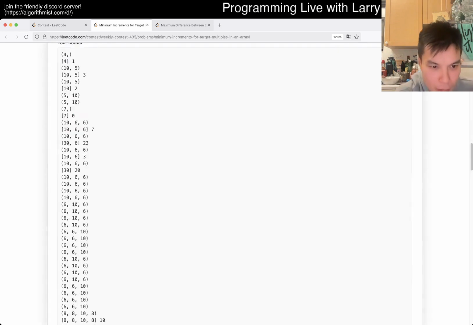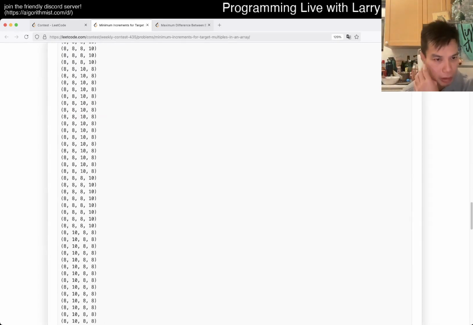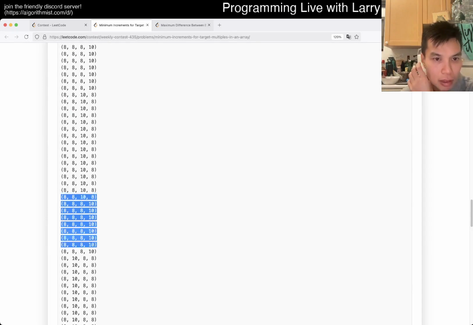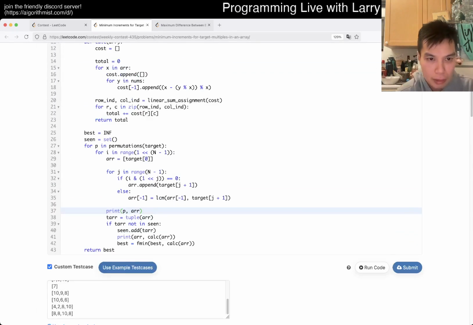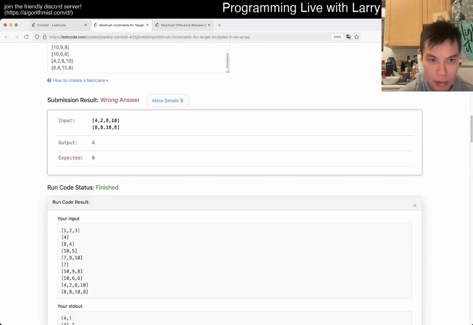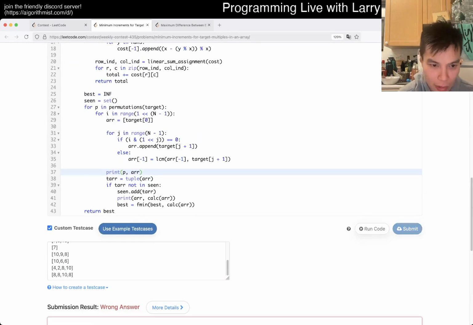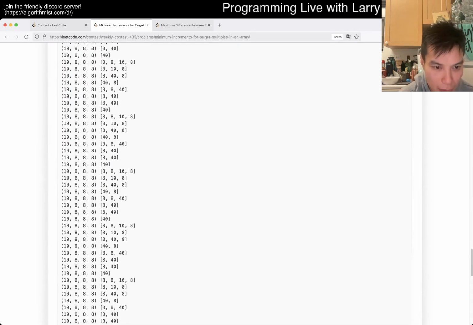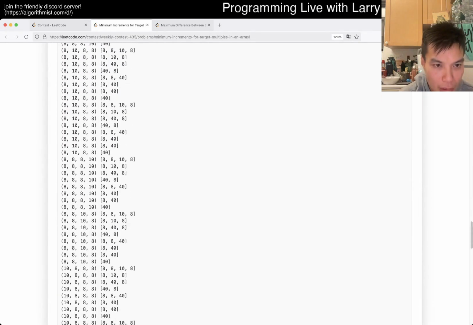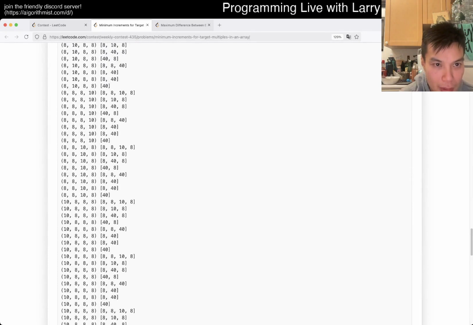Huh? Why would it do this so many times then? Oh no, this is P and then an array. Right? Oh, okay. Let's print it out. Did I not print it out? I thought I printed it out. Nope. Okay, so we have 8.